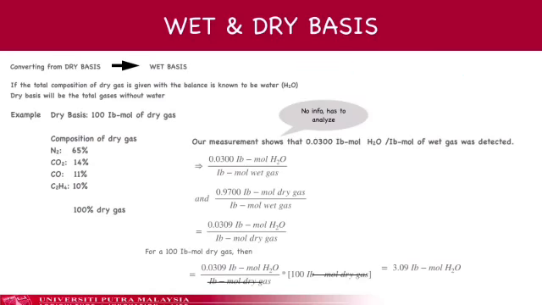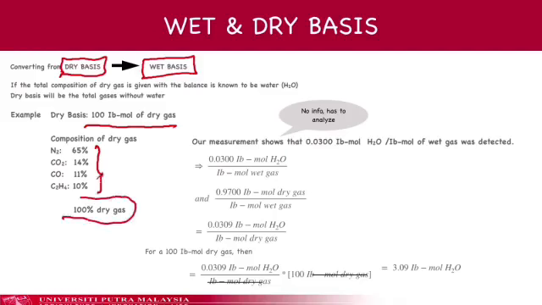Okay, let us now look at how we can convert from a dry basis data to a wet basis data. If, let's say, we still have 100 pound mole of dry gas, all right? Our basis is 100 pound mole of dry gas. So our gas components add up making the 100% of dry gas, which is about 100 pound mole.